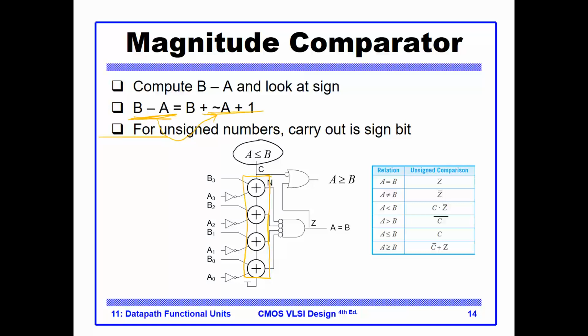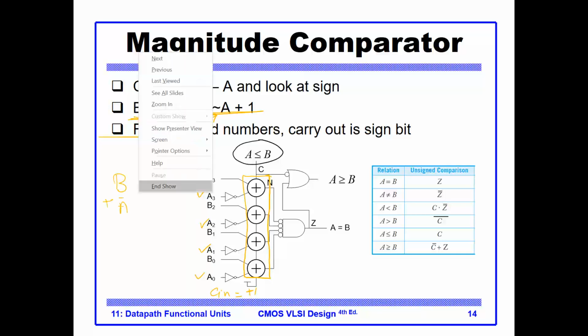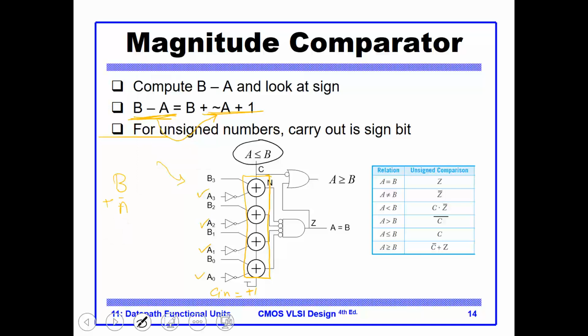The 2's complement of a, as we know, is obtained by inverting the bits of a and adding a 1. So this is a carry in equals 1. Then I add b. So what this adder does is add b plus the inversion of the bits of a plus a 1. This means b minus a. So that's how I get b minus a.